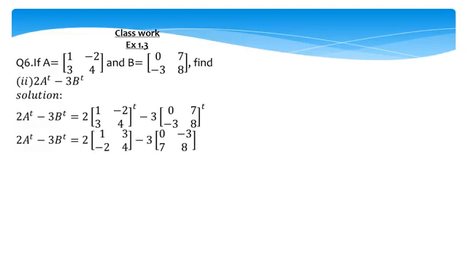Apply transpose on A and B, so interchange rows into columns. 1 minus 2 row converted into column 1, 1 minus 2. 3 and 4 row 2 converted into column 2, 3 and 4. Minus 3 as it is. 0, 7 converted into column 1. 0, 7, minus 3 and 8 converted into column 2.